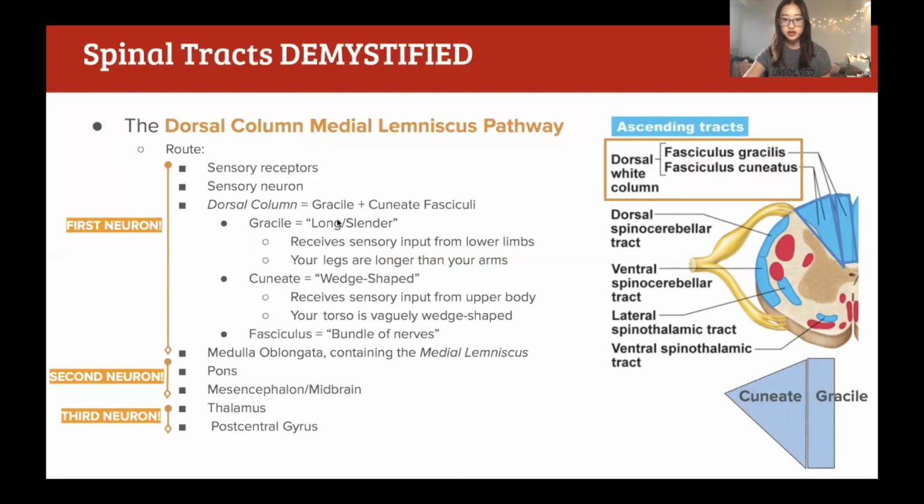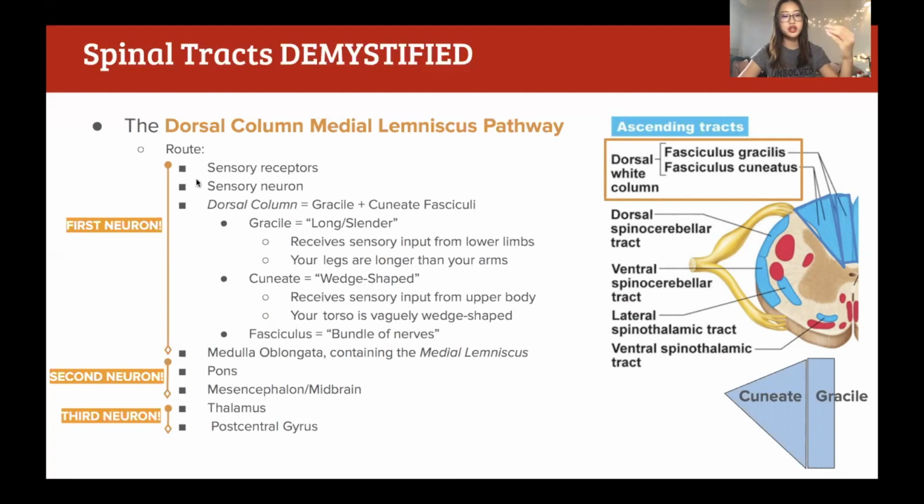So gracile means long and slender. Cuneate means wedge-shaped. You can see the reasoning for that later on if you just read through this yourself. But basically, this is the gracile fasciculus. The cuneate fasciculus carries nerves that run from your upper body and your trunk, and it's kind of wedge-shaped, and the gracile fasciculus carries information from your lower limbs, and it's a little bit more long and slender looking.